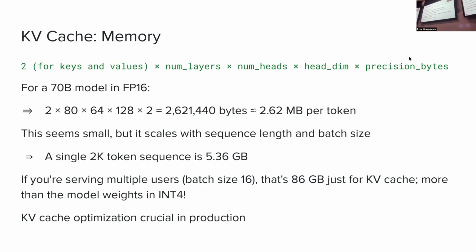I will use the same notation as before: BOS, token 0, token 1, and so on. And here we have attention scores, which tell us how important other tokens in the input are to that one, and we have causal masking here.